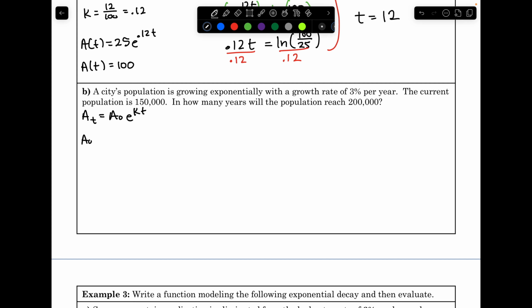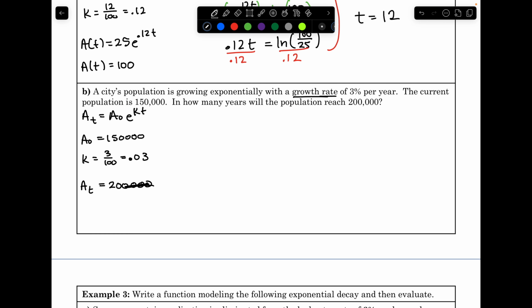So we know that we're starting off with 150,000. The k value is 3 out of 100, positive, because again it's growing. So that's 0.03. And we are looking for a time where this population is going to be 200,000.